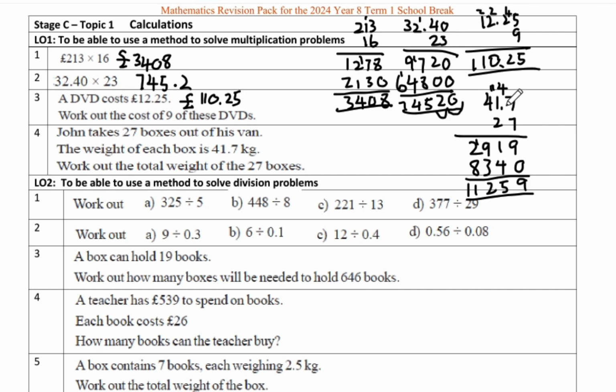And since there is 1 decimal here, we're just going to move it along. So it's 1,125.9 kg.